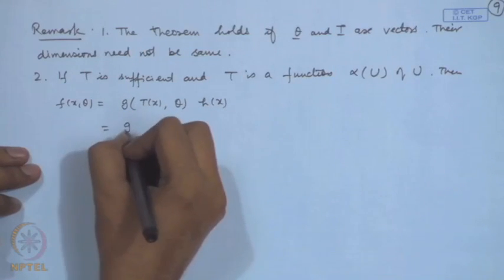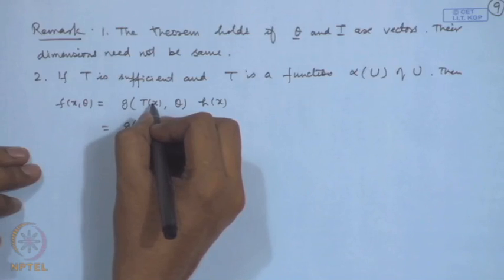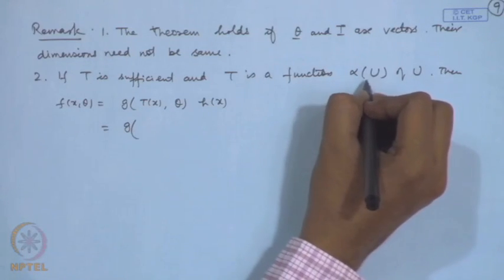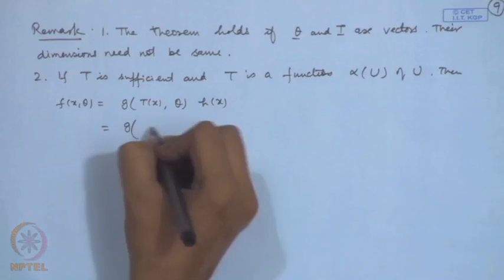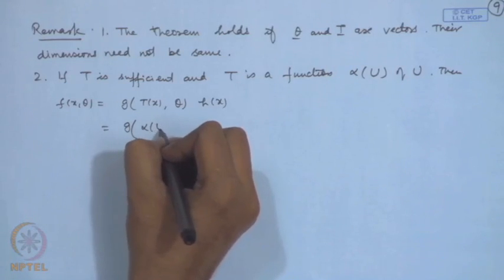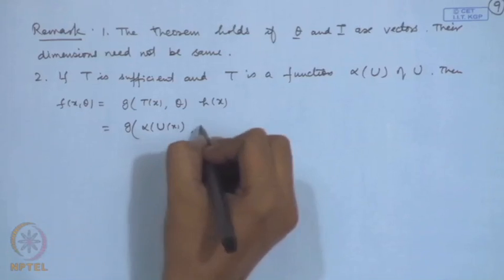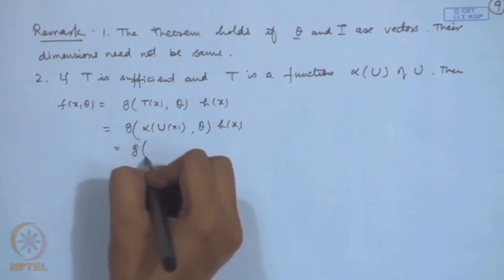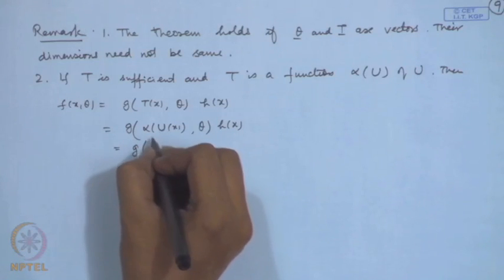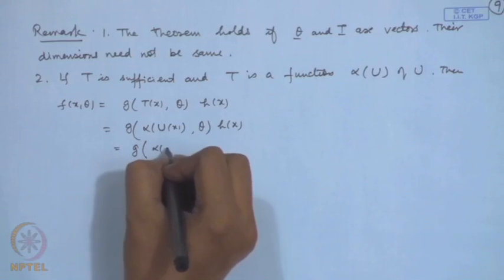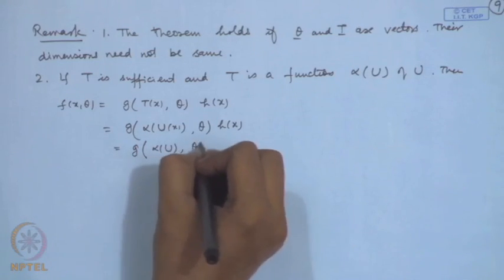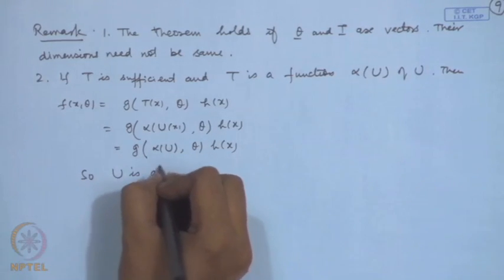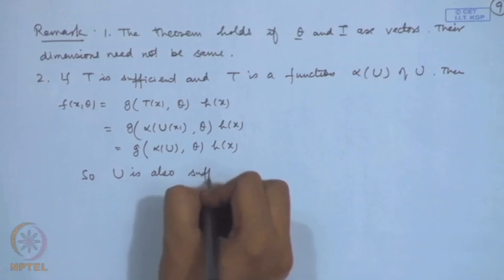This we can write as g of, now T is a function of alpha(U), so we can write g of a function of U, just alpha(U). So, U is also sufficient by the factorization theorem.